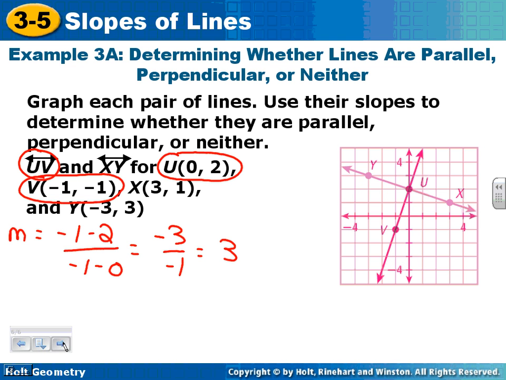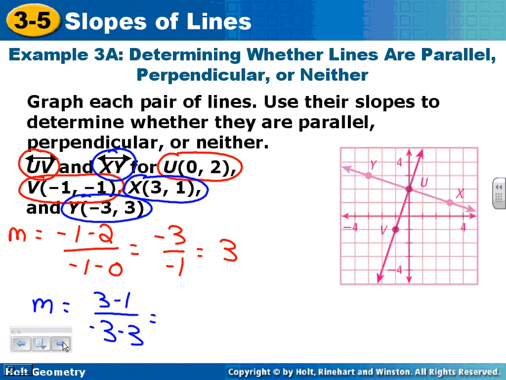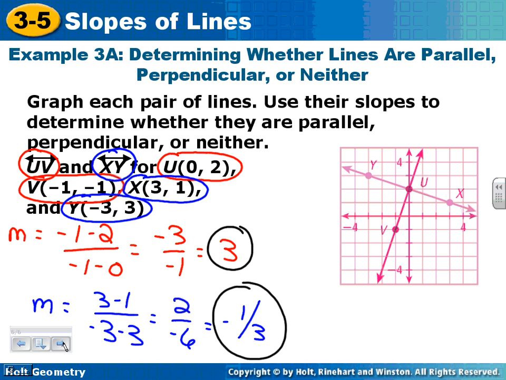Let's now find the slope of XY. Now I'm going to use that point and that point. So the slope there would be 3 minus 1 over -3 minus 3. And that would be 2 over -6, which is -1/3. And if you look at those two answers, 3 and -1/3, realize they are opposite reciprocals of each other.